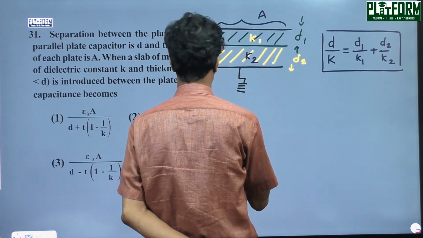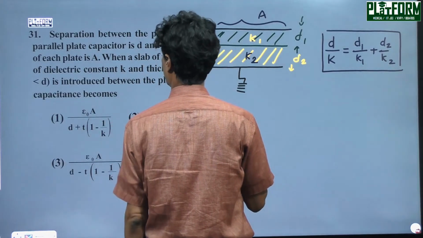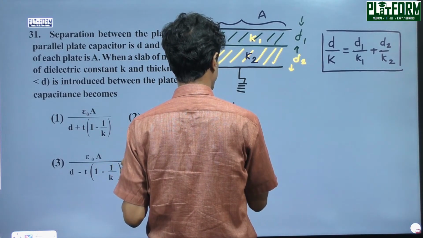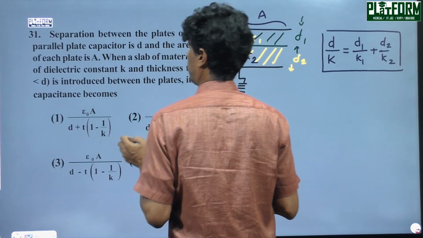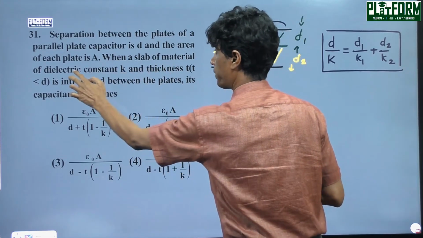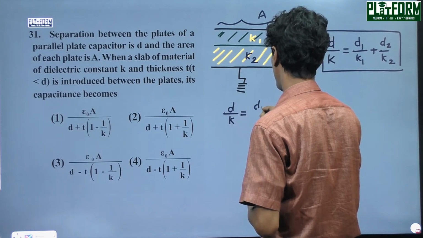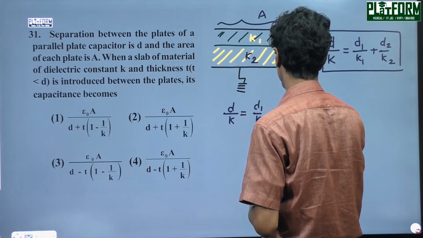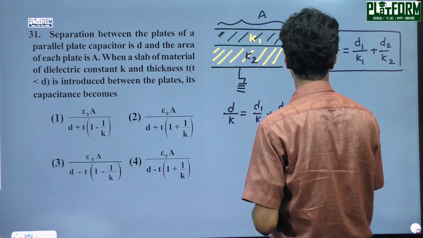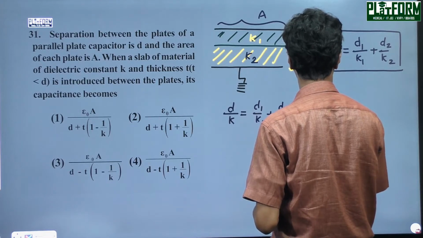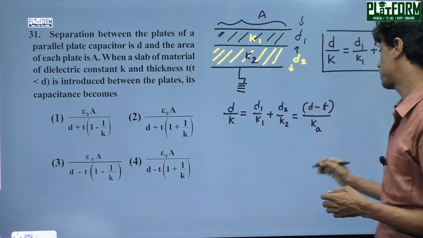Then D is the separation, it is D by K. When a slab of material of dielectric constant K and thickness T is inserted, it is D1 by K1, let us say, it is D2 by K2, and D1 is equal to D minus T, and the dielectric medium is air in this case.